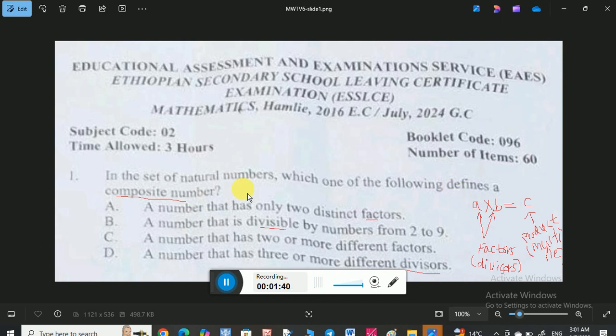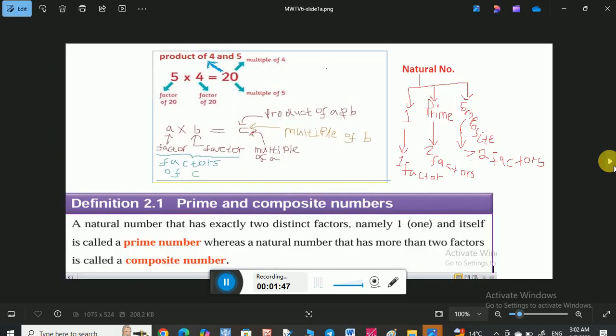Before we solve this problem, let us recall the definition of composite number. And before we define composite number, we have to recall the meaning of factor, multiple, divisibility, and so on.